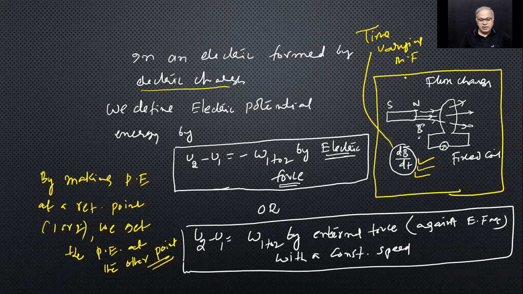They are not formed by this kind of plus minus. They are formed by magnetic fields changing in space. The difference is that for them, we don't define this scalar potential. We define something else.